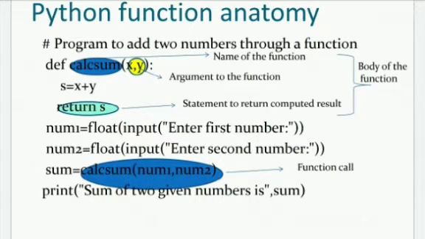Whenever we call calcsum, as in sum is equal to calcsum, the result will be stored in sum and the calcsum function will be called. Unless calcsum is called, the function definition will not be executed.